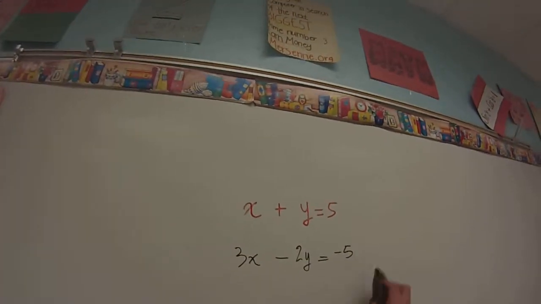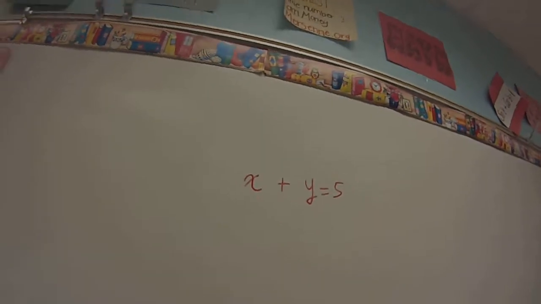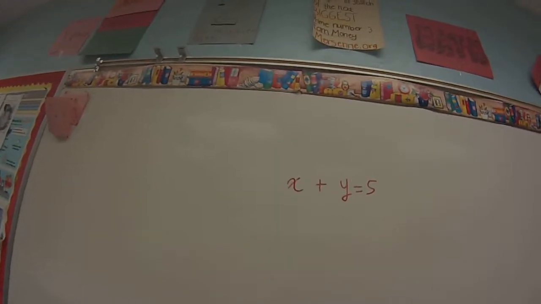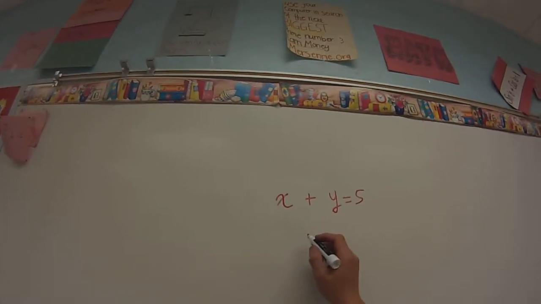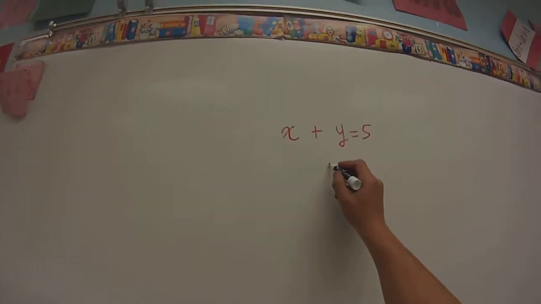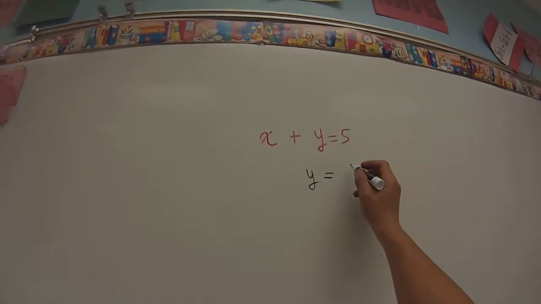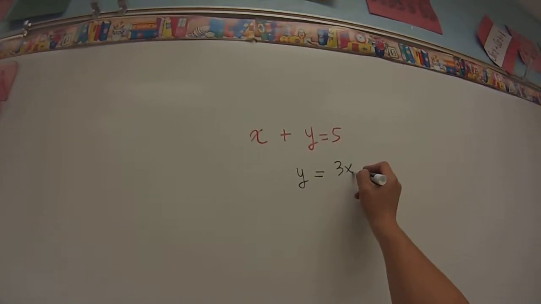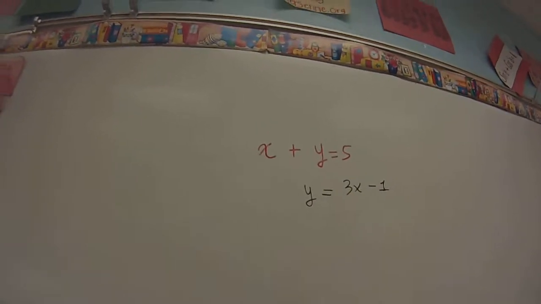But before I do that, I want to remind you of something very important when you work with systems of equations. Let's say the equation is given to us in this way: y equals 3x minus 1.